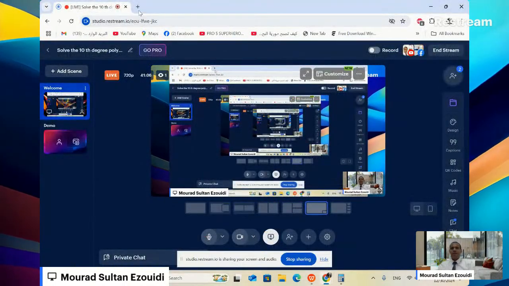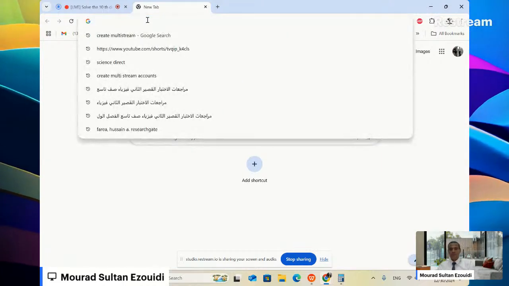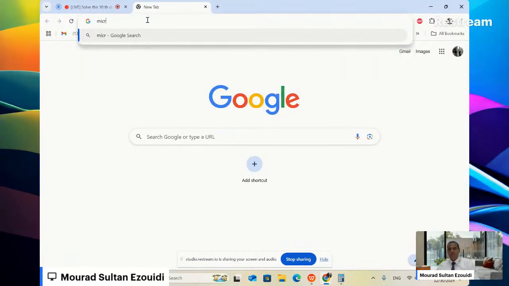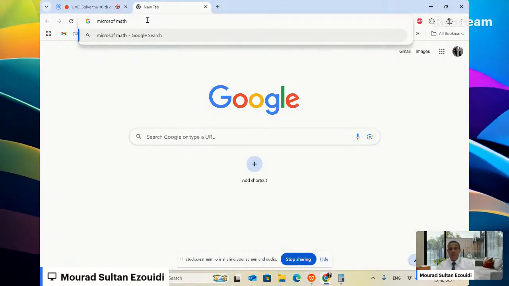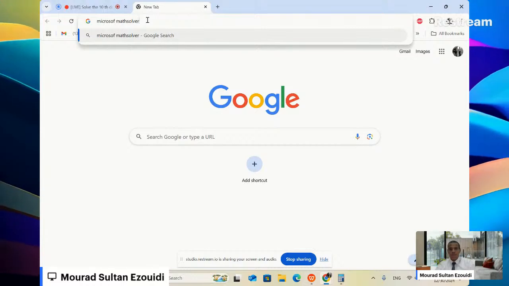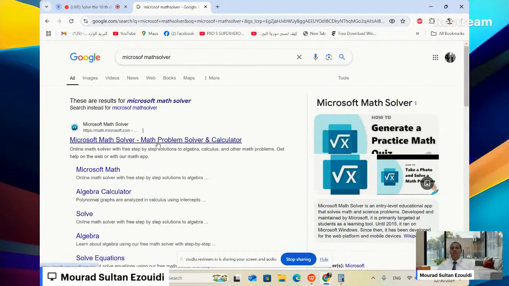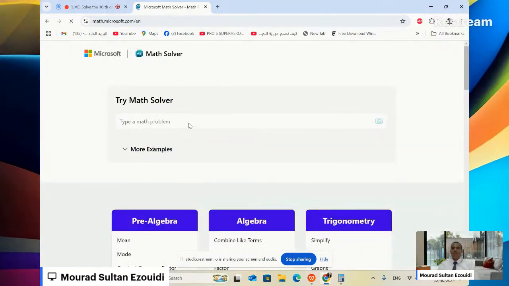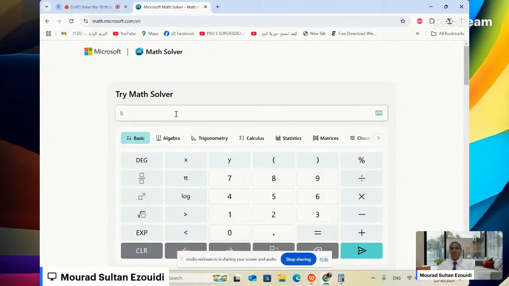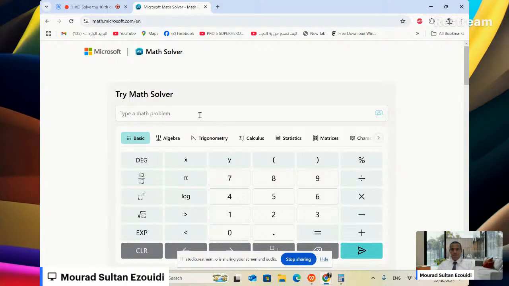Okay, let's see. I'll come here to Microsoft Math Server. Let's see what we can do. Well, this is Microsoft Math Server. So I will give it an example, I will tell it to solve this one.